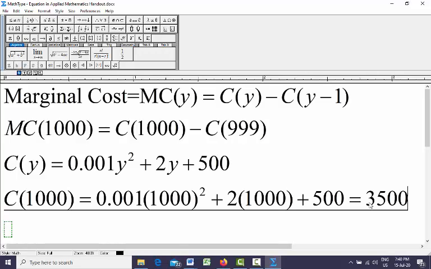That's the total cost of producing 1000 units.